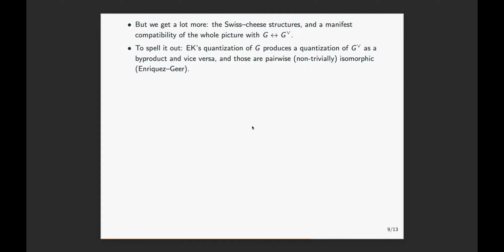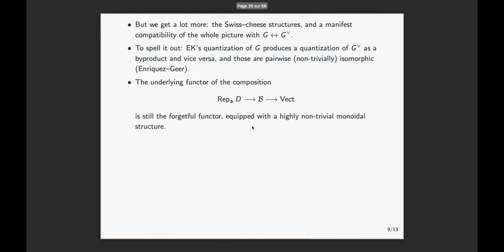So at the end of the day, you get some kind of compatibility condition with the so-called duality on the double, which was understood by Enriquez and Etingof via the Kaplan functor. But this TFT perspective made all of the symmetry really manifest. And remember that this category, Rep D, is undeformed as a category. We just change the monoidal structure, the braided monoidal structure.